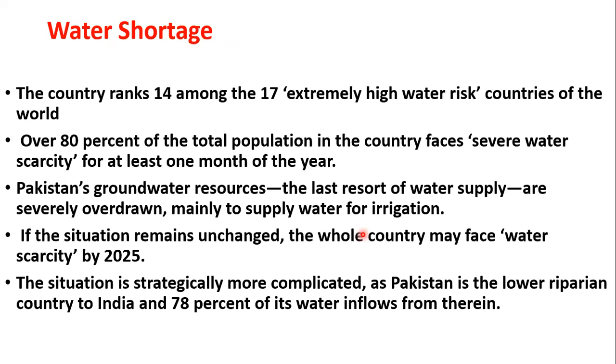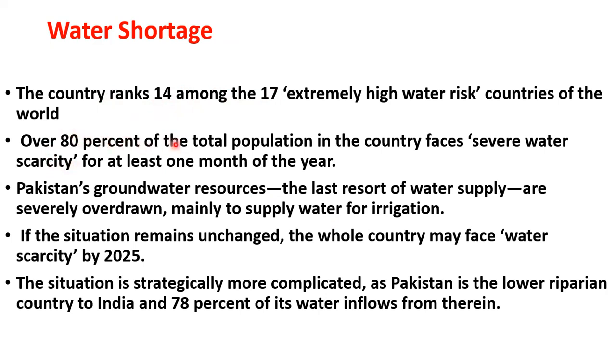Water shortage. Pakistan is ranked 14th among the 17 extremely high water risk countries of the world. Out of 17 countries where there is the most water crisis, Pakistan is number 14.